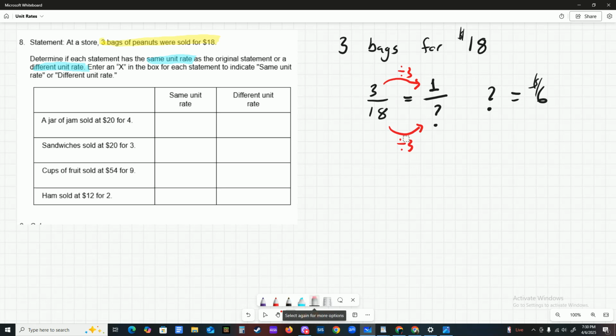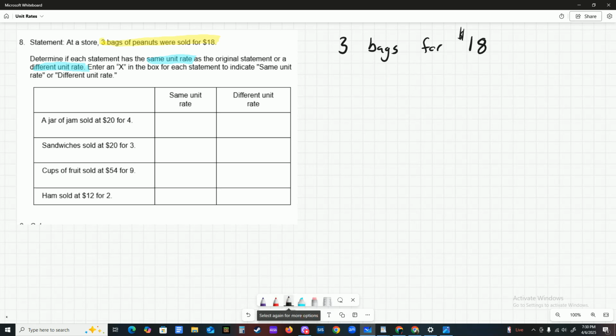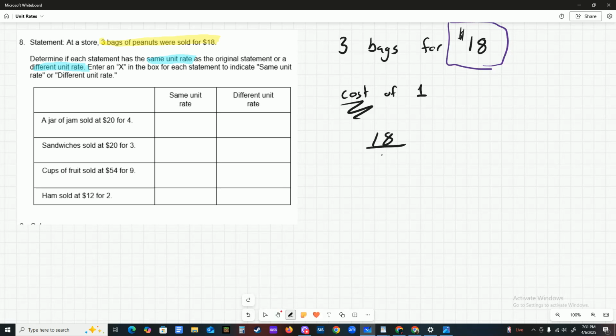But you don't have to use a proportion like this. What you could do is this. If we want to find out how much one costs, we want to find the cost of one. Because we're looking for cost, we take the cost that they give us, which is 18, and we divide by how many we have, which in this case is 3.